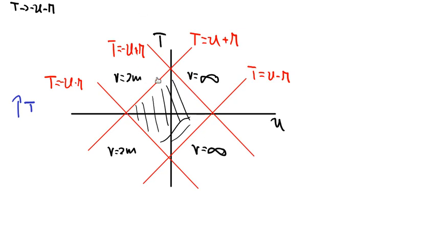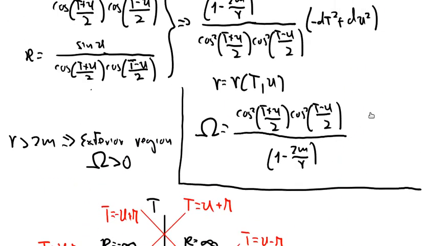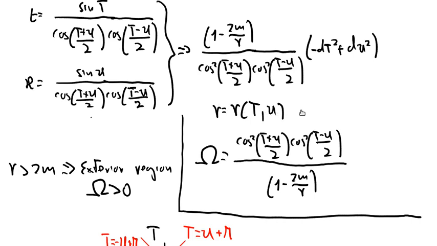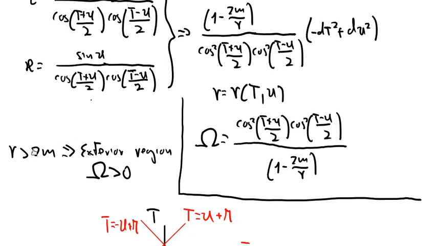Also, remember that in addition to the zero set of the conformal factor, which we have been considering, we need to consider the zero set of this function, as explained at the beginning of the lecture. But here, since by assumption small r is greater than 2m, when we rewrite small r in terms of the new coordinates, we will never get a value of big T and u such that small r is 0.